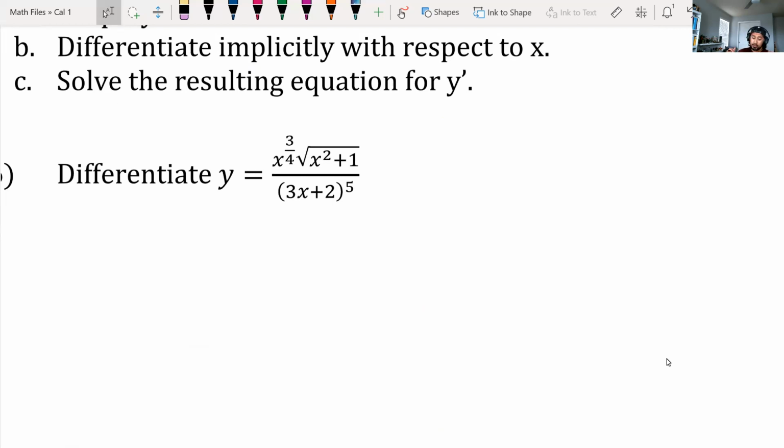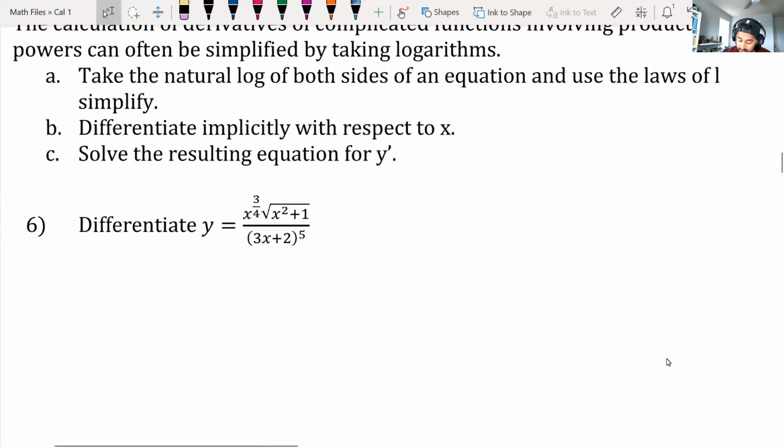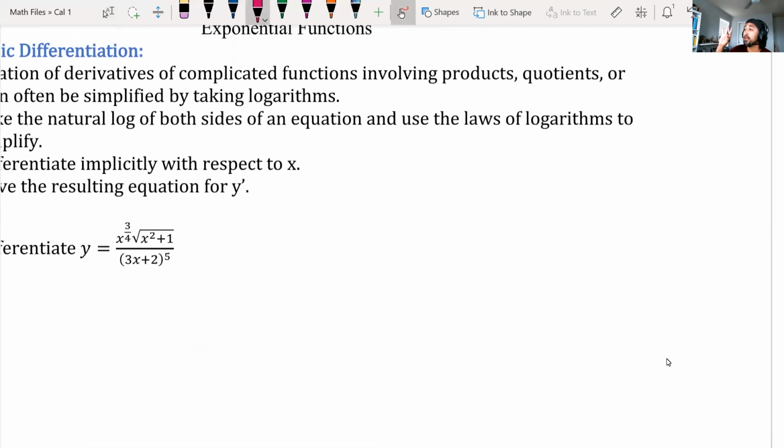So here's where logs make your life easier. But I guess before we begin, let's write our 3 main log rules, the easiest log rules. So first would be product to sum, log of xy, I'll do natural log.